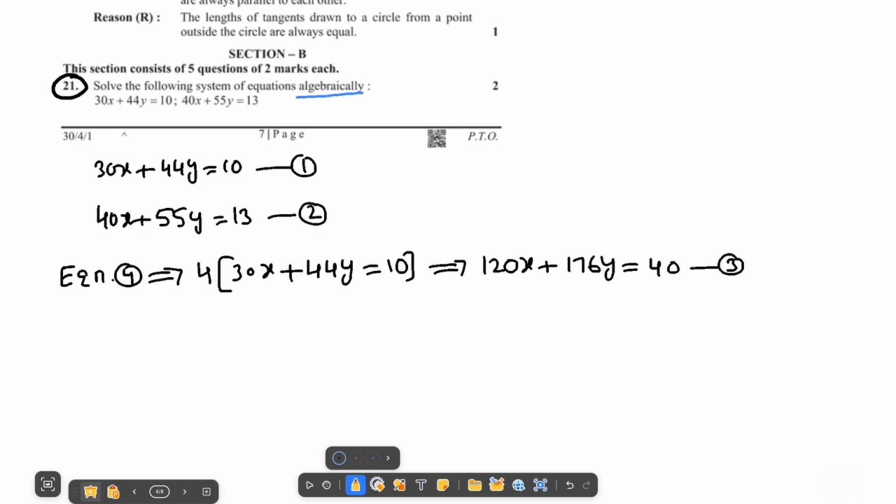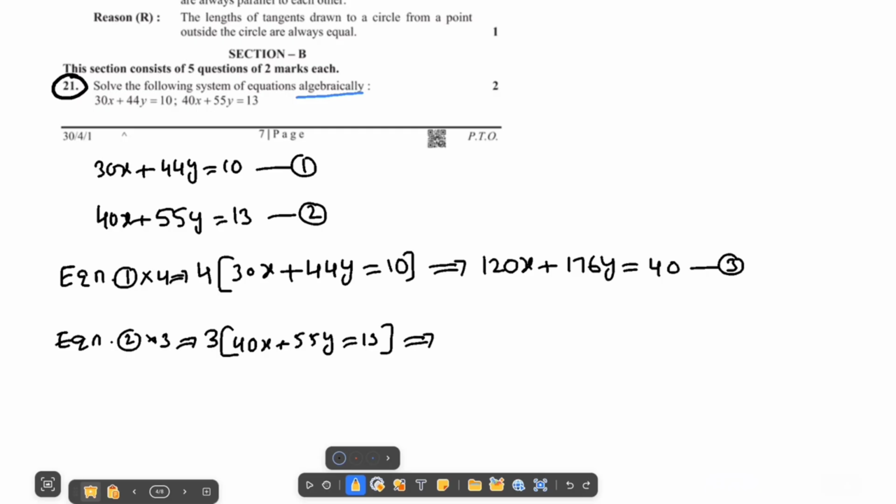This is equation 1, right? Next, equation 2 we have to multiply with 3. So 3 of (40x plus 55y) is equal to 13.